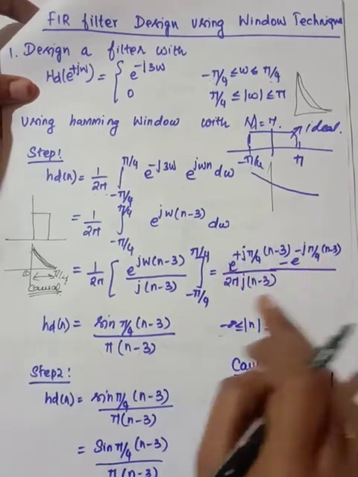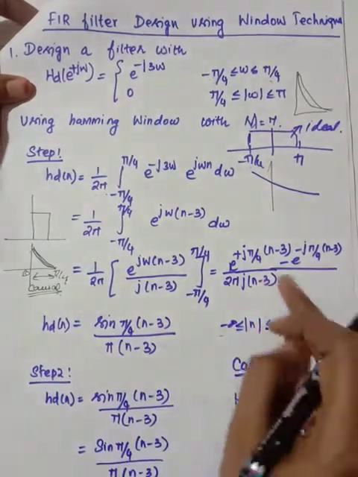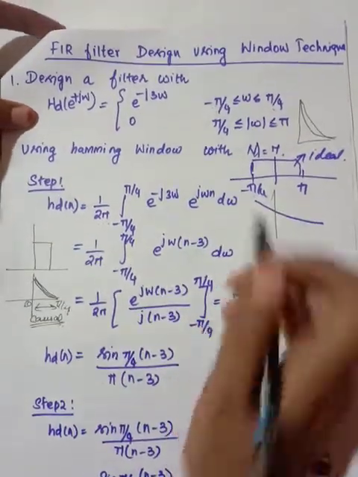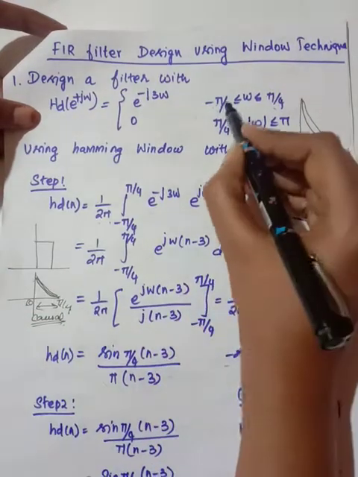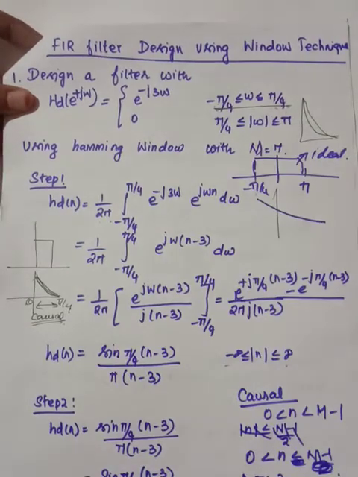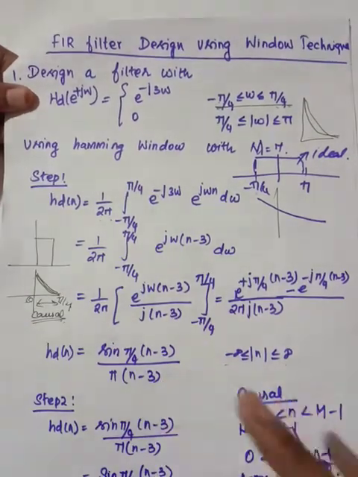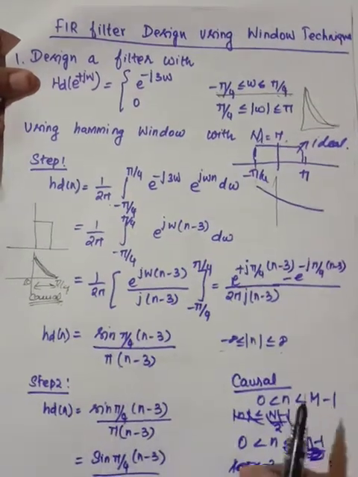It is difficult to simplify to find the answer, so whether it is causal or non-causal, we have to consider the given range. That is the thing we need to do. I will show this difficulty in solving one problem, then you will understand it.